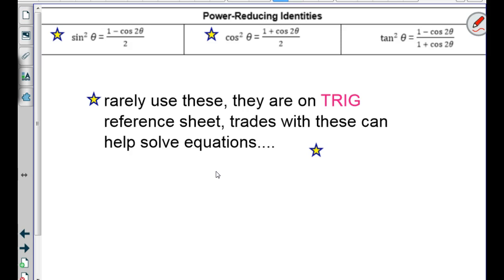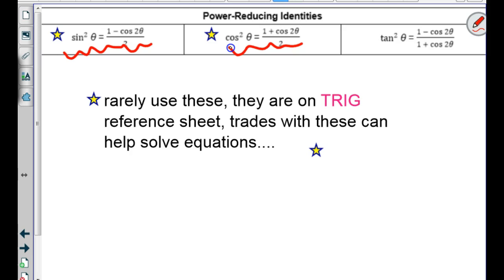Power reduce. Oh yeah, they're on the left. Look down the side on the bottom, very bottom left. These first 2 are on your sheet. Do you see them at the very bottom of the left-hand corner on there? On the front? Nope, the back. It says sine squared equals and cosine squared equals. Oh, yeah. They're right under the double angle relations.